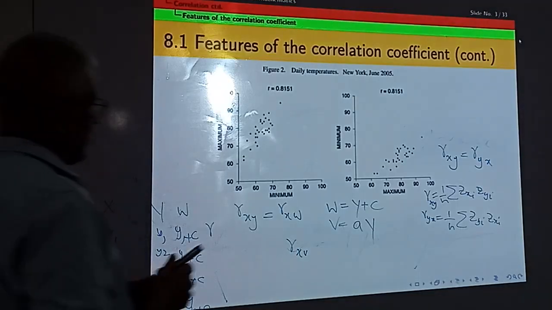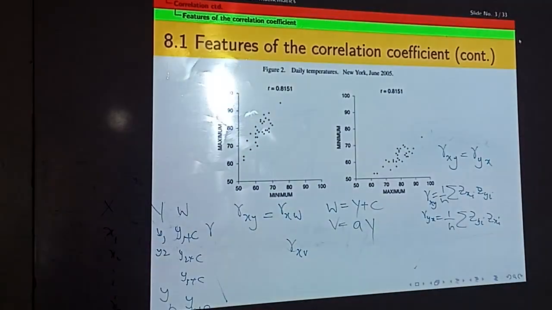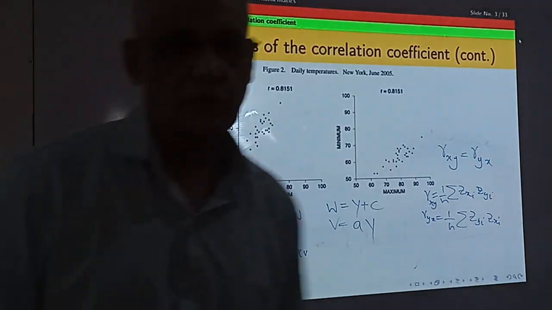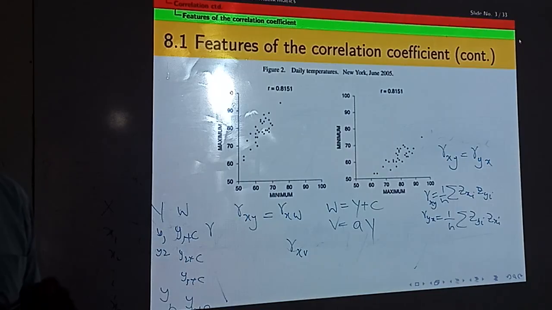And in the same way, you can prove these ones also. Once you transform maybe one variable or both variables using a linear transformation, if you consider the correlation between the new variables, the correlation will still be the same.